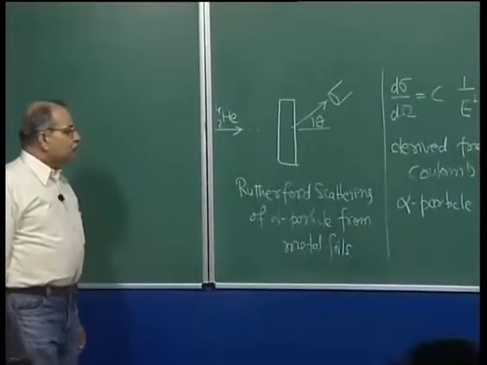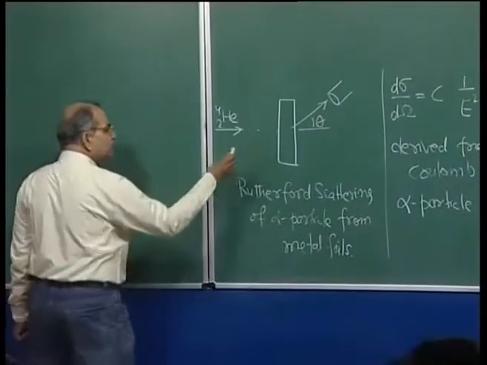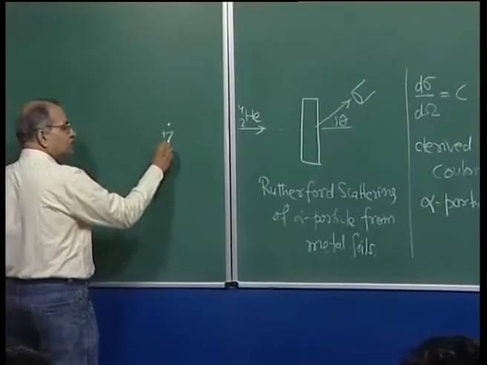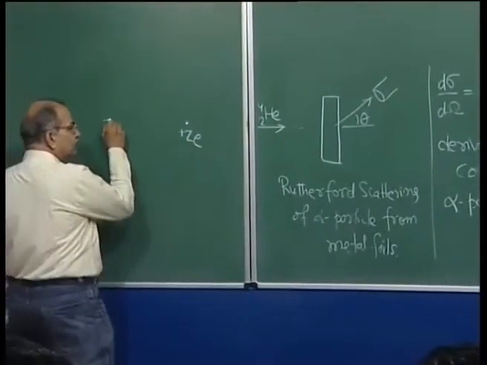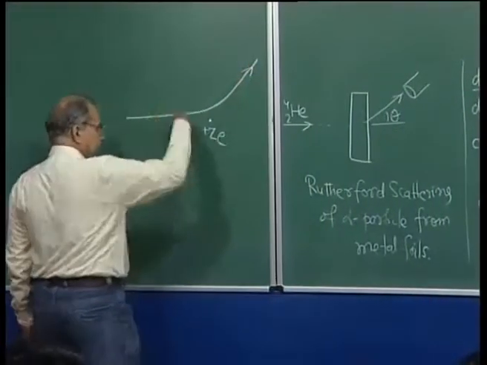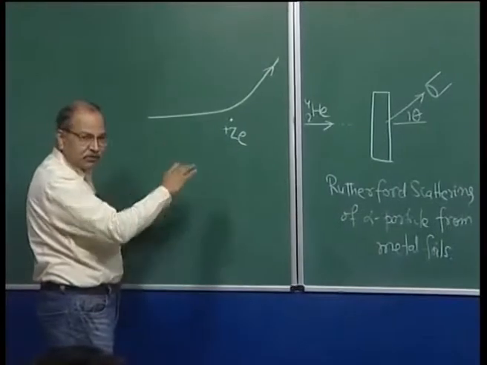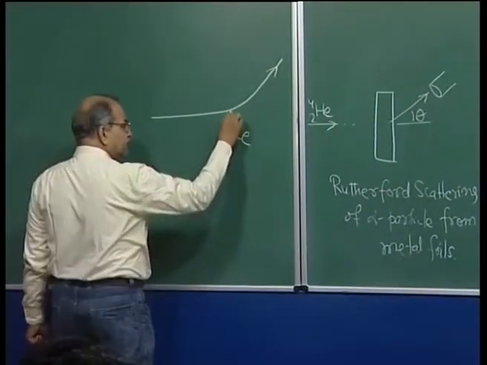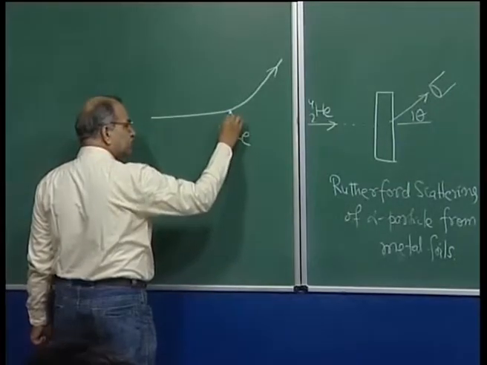So, if you think of a particular event where you have a nucleus here of charge plus Ze, and a particle is coming in and getting deviated, this is that hyperbolic path, you know, all that geometry can be done. I am interested in finding this minimum separation here.